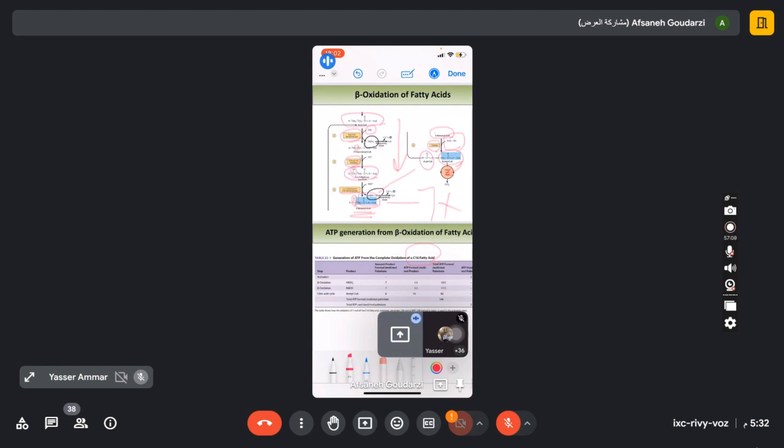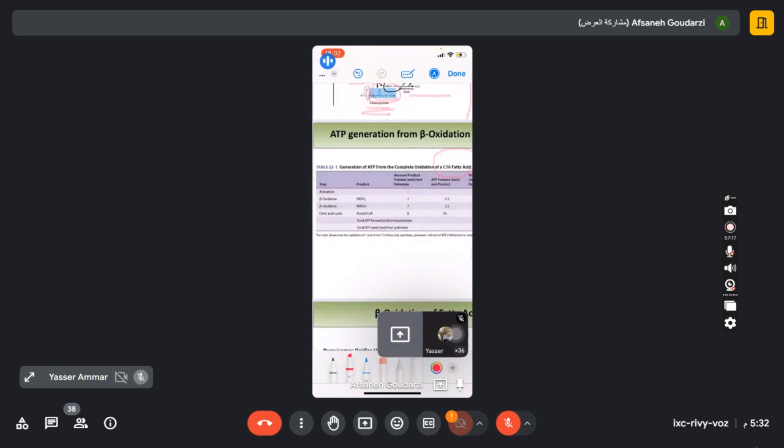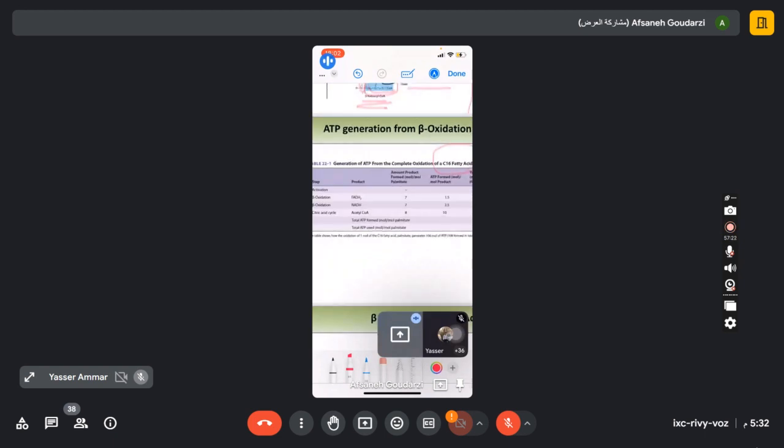So if you look at this table, for the 16 carbon fatty acid, I produce how many acetyl-CoA? 8 acetyl-CoA. And if you remember the Krebs cycle, we said from each acetyl-CoA we produce 10 ATP.